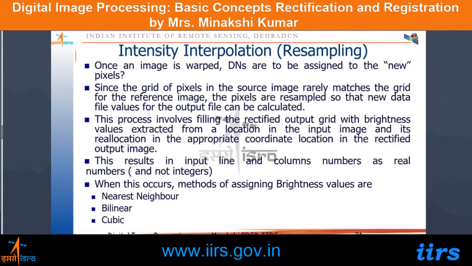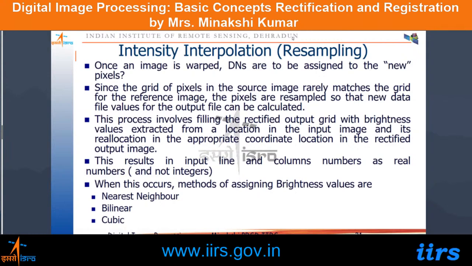Now in simple words, why do I need to do resampling? When I'm overlaying one grid over the other, they will not match exactly. The grids will be rotated, matching in a rotated fashion. So if my original grid was neatly in rows and columns, my output grid will not match the input grid in a neat fashion. And I need the output grid to be filled with each DN value.